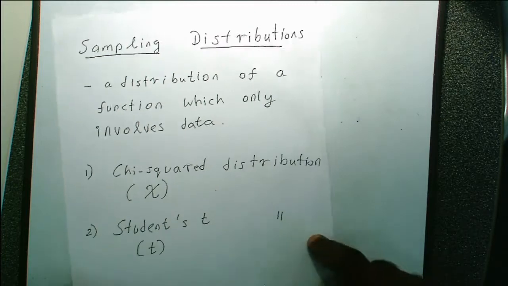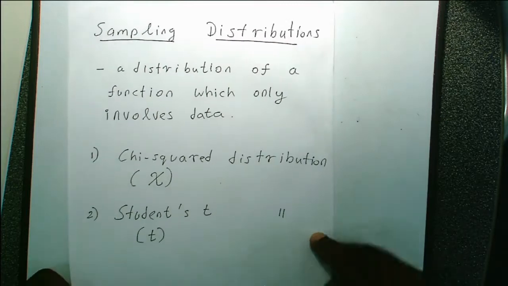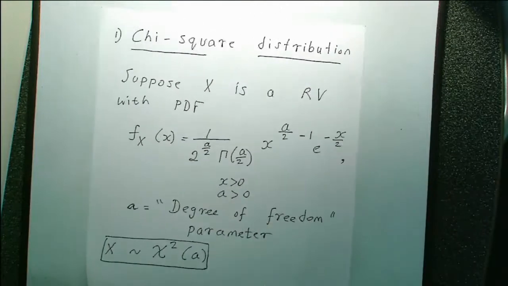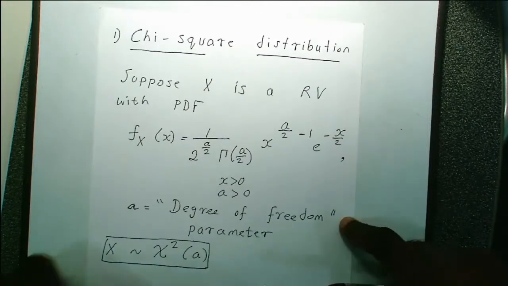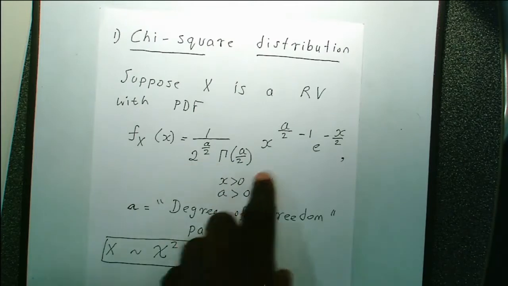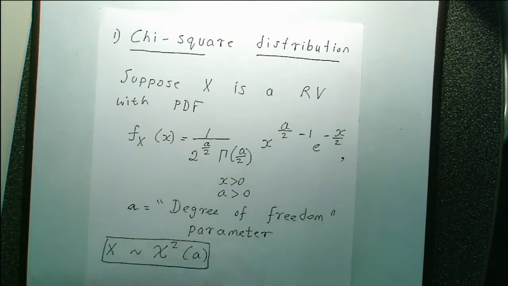On Thursday last week, I talked about the chi-squared distribution, which is given by this formula here. A chi-squared distribution has this as the density function, and it has a parameter a, which is referred to as the degree of freedom parameter. It is defined on the positive real line, and the parameter a is also positive.